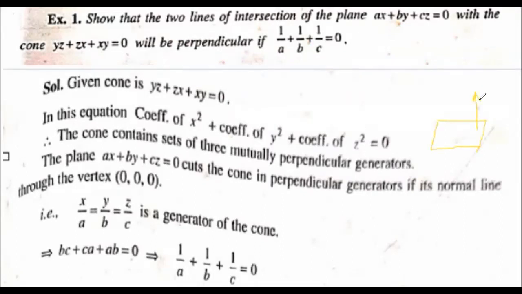The generator of this particular cone will be x by a equal to y by b equal to z by c.